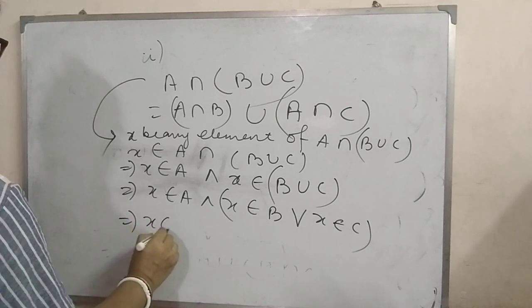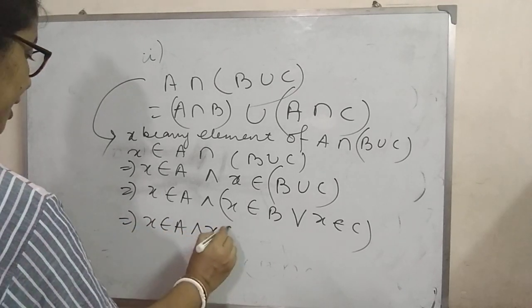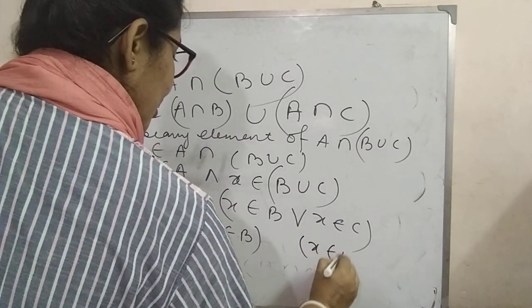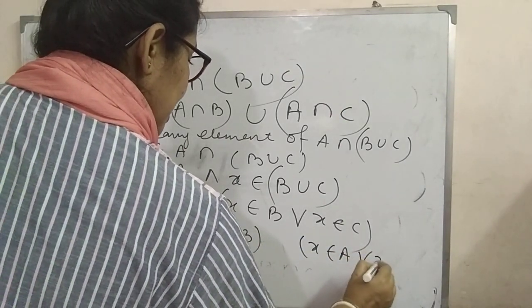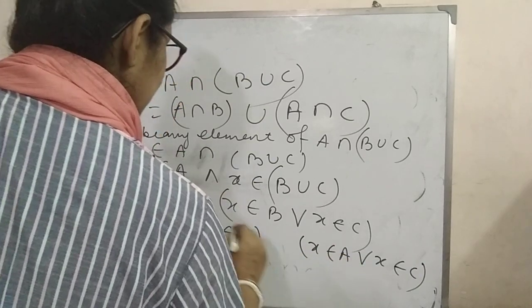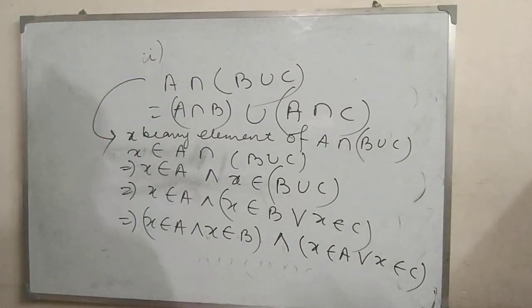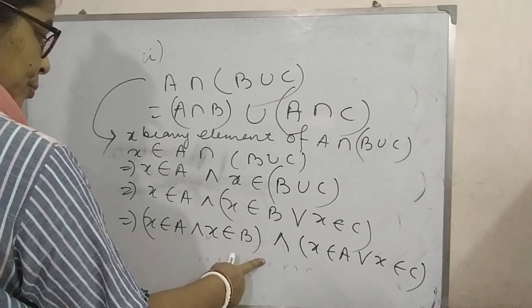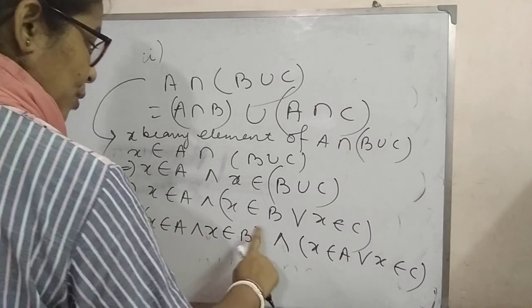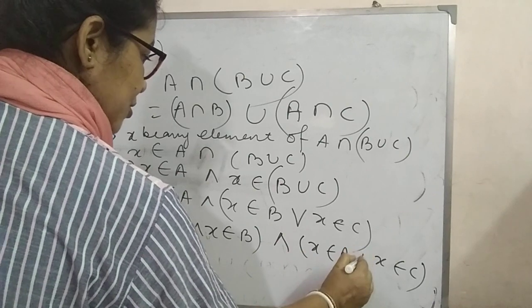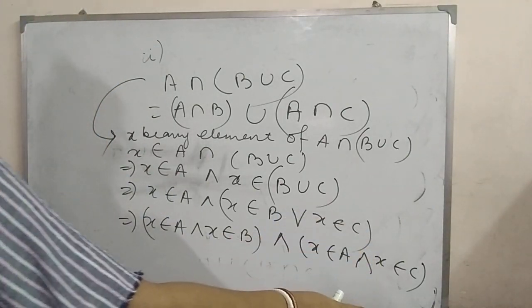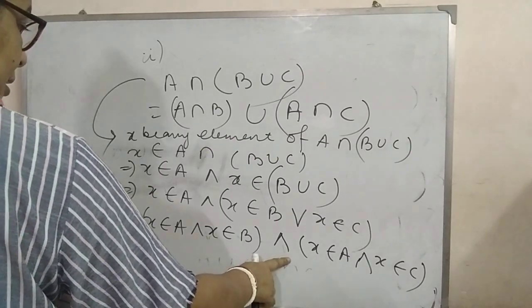I can write it: X belongs to A intersection X belongs to B, and X belongs to A intersection X belongs to C. This is X belongs to A intersection X belongs to B, X belongs to A intersection X belongs to C. Intersection means "and".